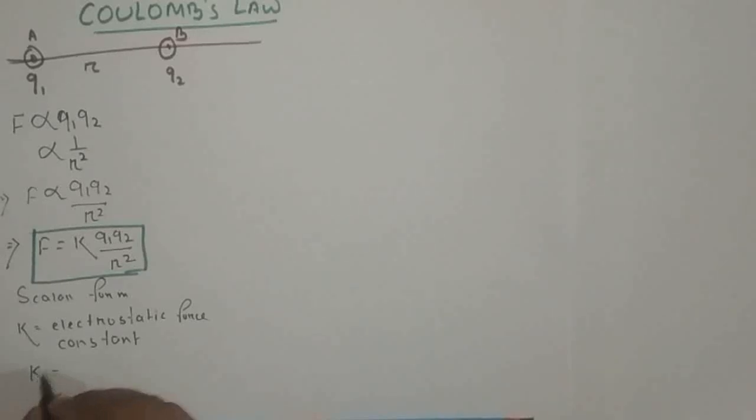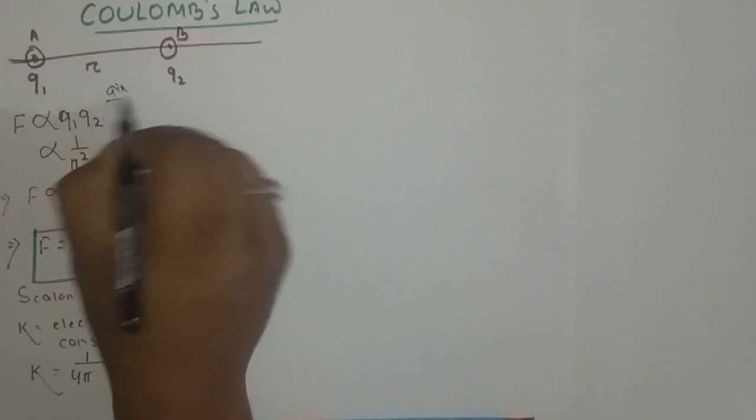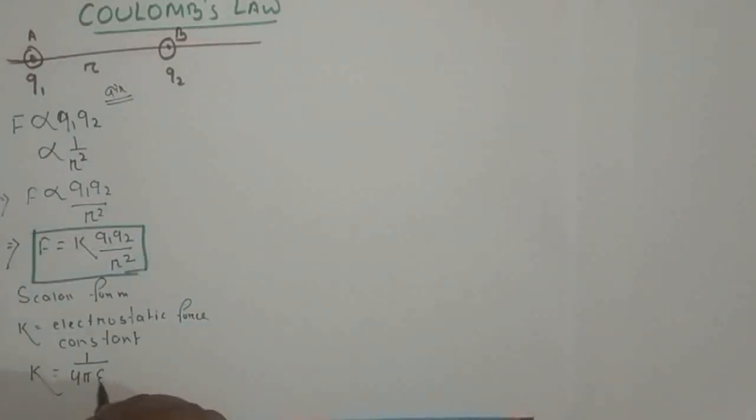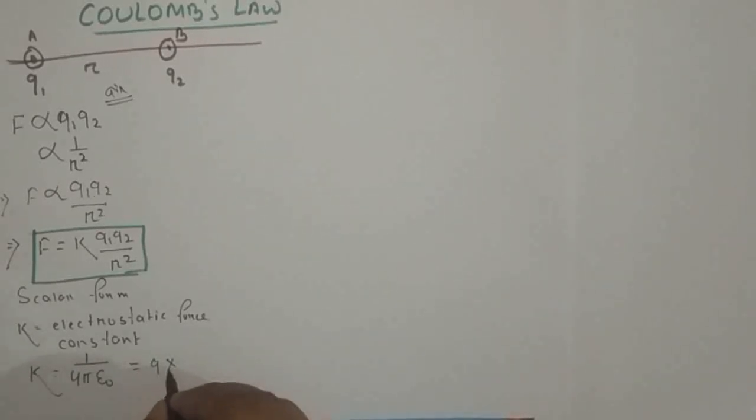If it is for free space, or in air medium, I will write 1 by 4 pi epsilon naught, and this value is equal to 9 into 10 to the power 9. Epsilon naught value is 8.85 into 10 to the power minus 12.